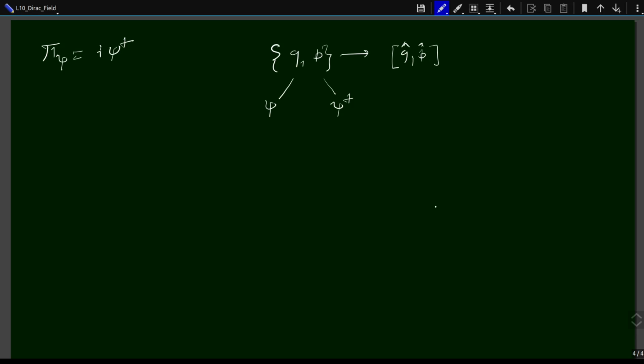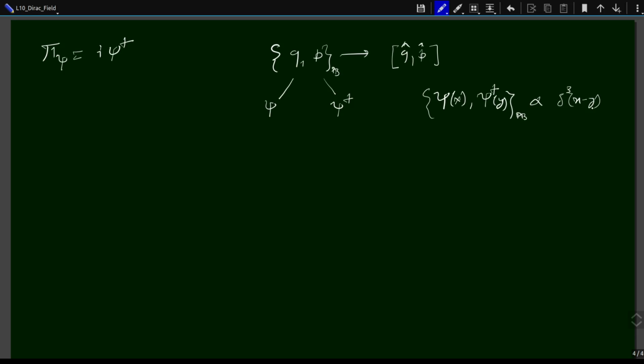So roughly this boils down to saying the Poisson bracket, PB, not the anticommutator, of psi of x and psi dagger of y is proportional to delta, again should be i delta 3 of x minus y.